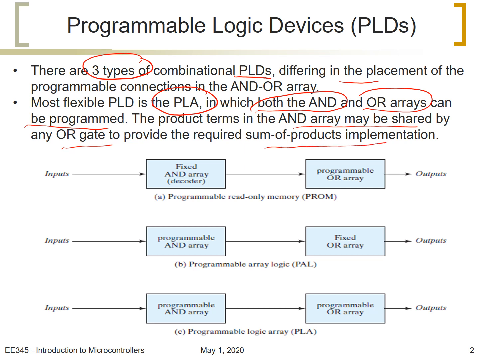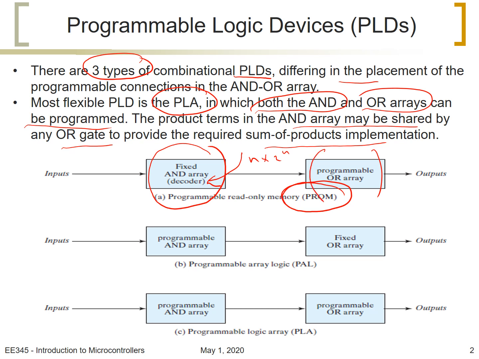implementation. To explain further, the read-only memory that is presented in a different video is programmable. It's called a programmable read-only memory. It has a fixed AND array, which means it has a complete decoder, n by 2 to the power n, whereas the OR array is programmable so that we can take the minterms that we want.